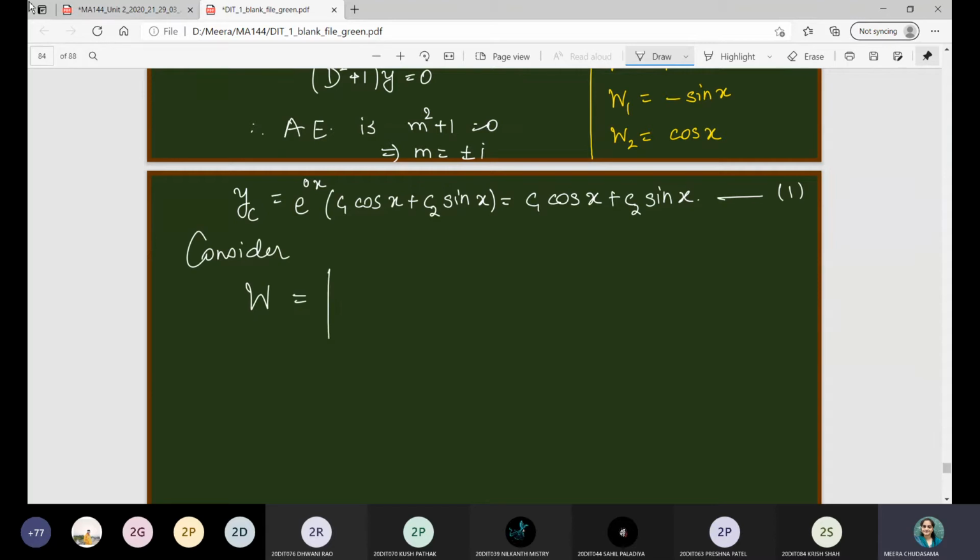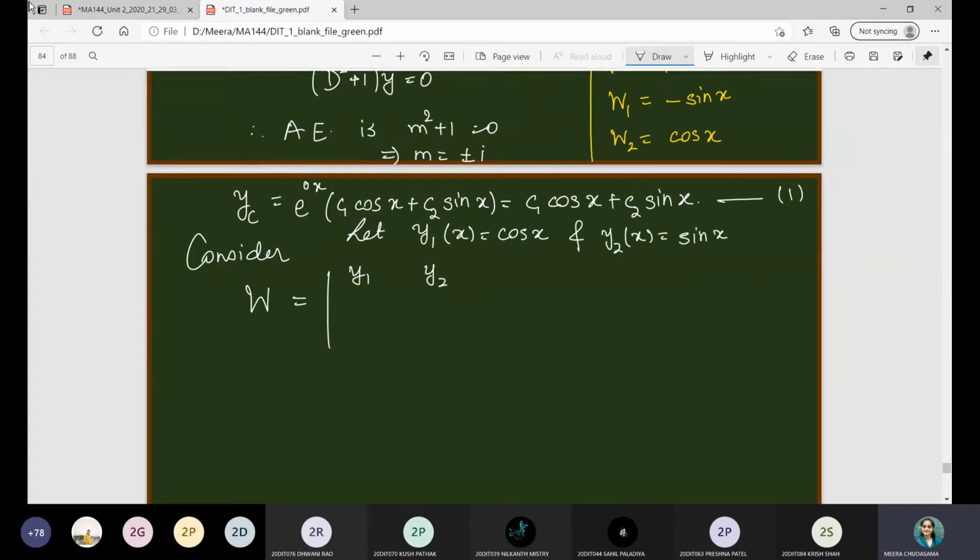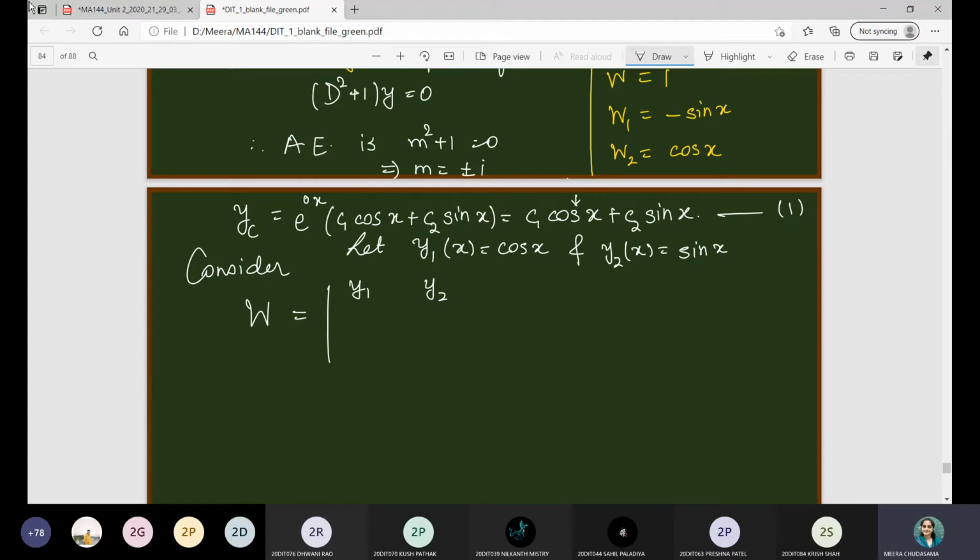Wronskian, that is W, which is by definition, here two functions are there in the solution set. So let us consider y1(x) as cos x and y2(x) as sin x. These two functions are in the complementary function solution set we are having.